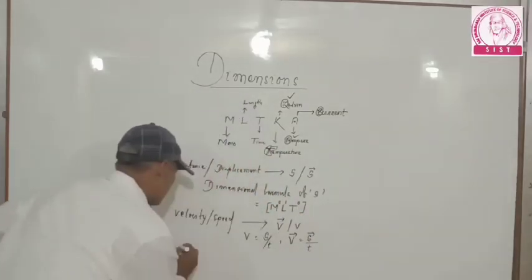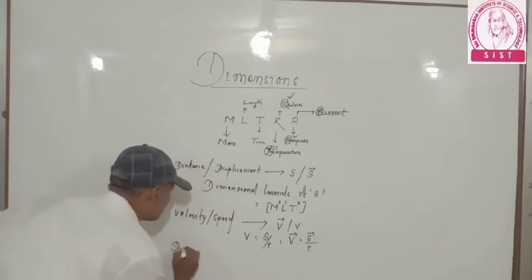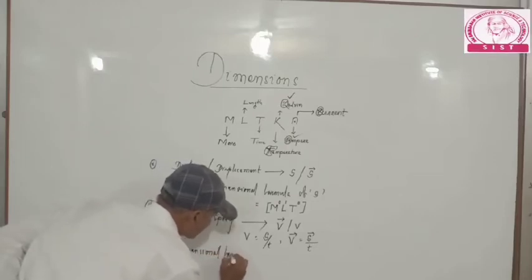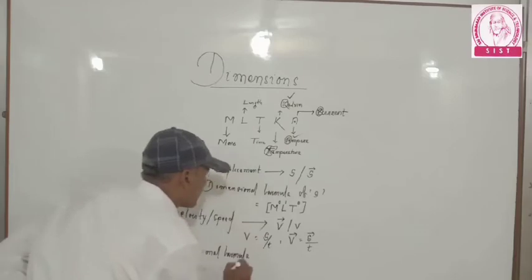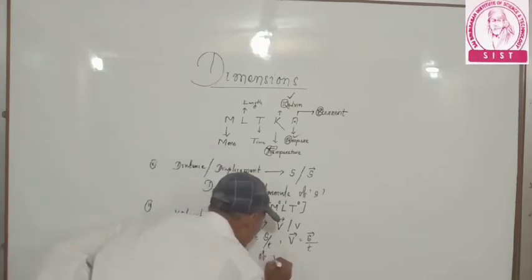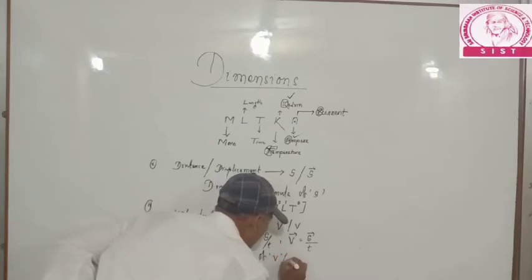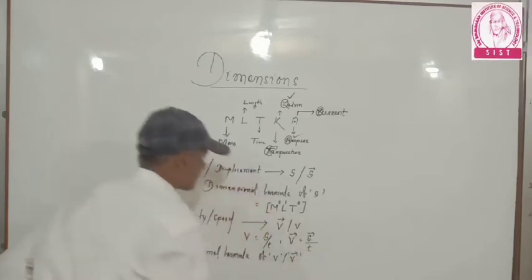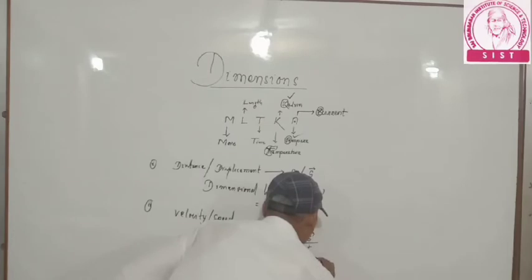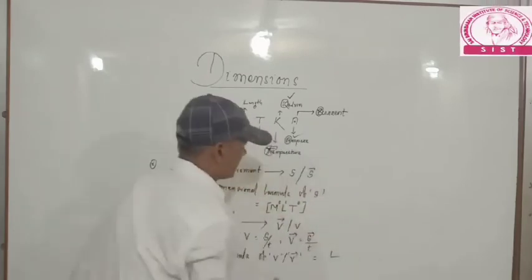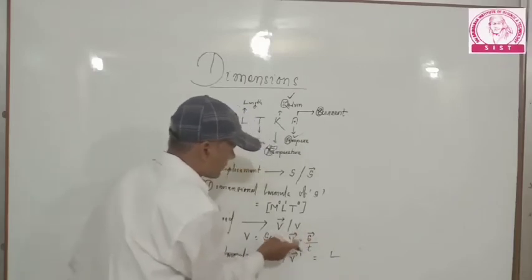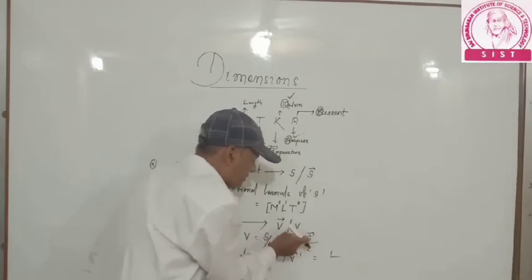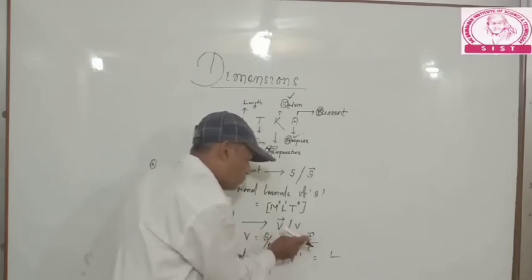Here I am writing the dimensional formula of V is equal to L. This is distance, this is displacement, both are length.